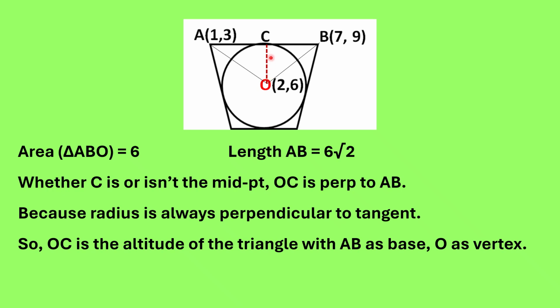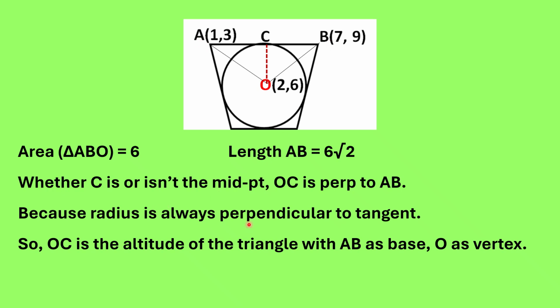OC is perpendicular to AB because the radius is always perpendicular to the tangent at the point of contact. OC, which is the radius, is perpendicular to AC and BC. That means it is perpendicular to AB.